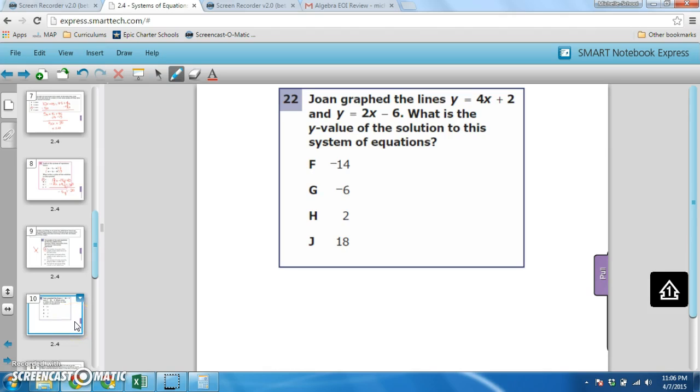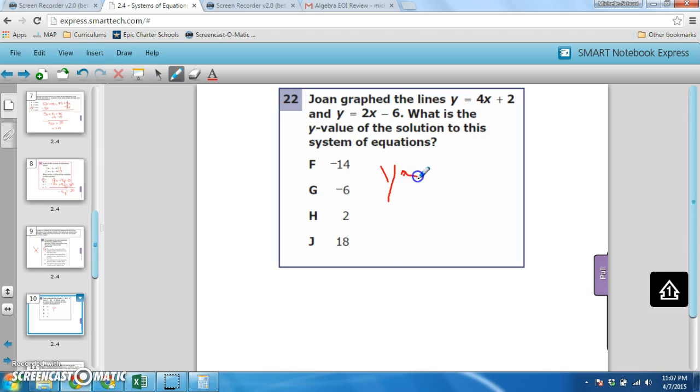Joan graphed the lines y equals 4x plus 2 and y equals 2x minus 6. What is the y value of the solution to the system? So this really isn't the proper way to do it. So you could solve one for the other and substitute it in.